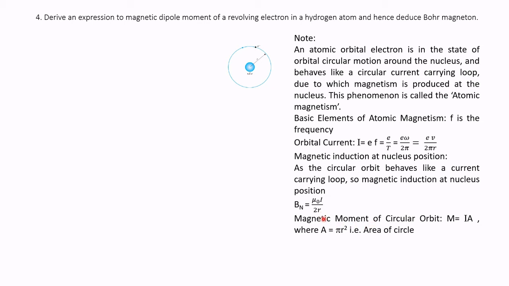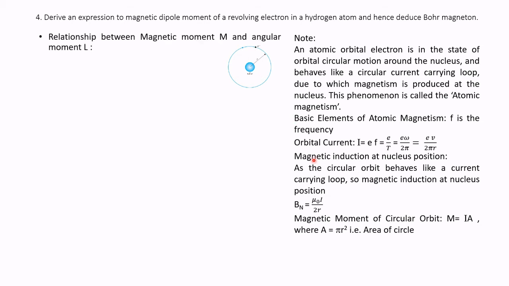Magnetic moment of the circular orbit is given by the equation m is equal to I A, where A is the area of the circle and it is given by A is equal to pi r square. Please see the figure. Here r is the radius and the area of the circle is pi r square.